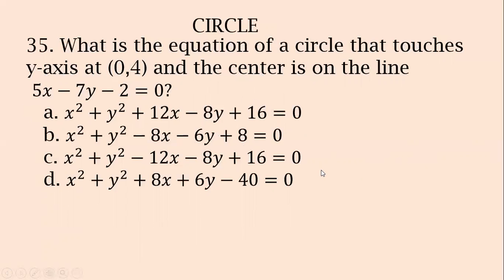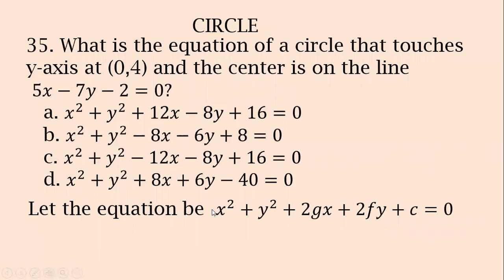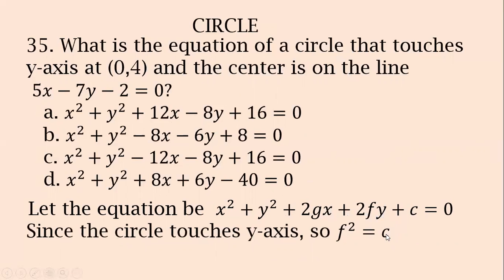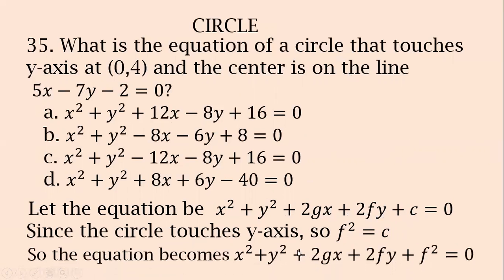So generally we consider the equation in this form: x square plus y square plus 2gx plus 2fy plus c is equal to 0, and applying the first condition, touches y-axis. If a circle touches the y-axis, then we get f square is equal to c. So putting c is equal to f square, we get this equation.